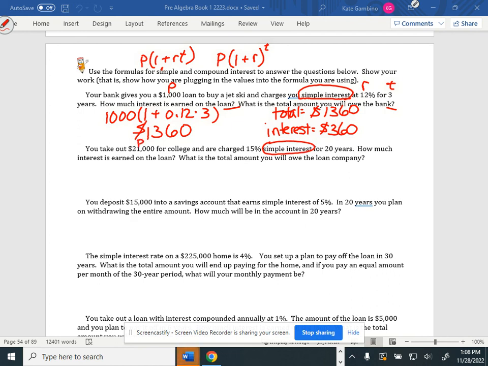You want to label what is your principal, what is your rate, what is your time, and then check to see how many questions we have to answer. There are 2 question marks. I should see 2 answers. So make sure you're answering both questions on the test. If you only answer one question, it will be wrong. You need to answer the whole entire problem.